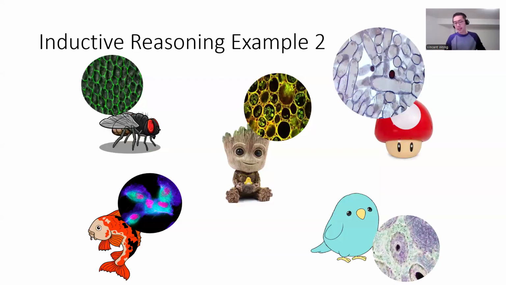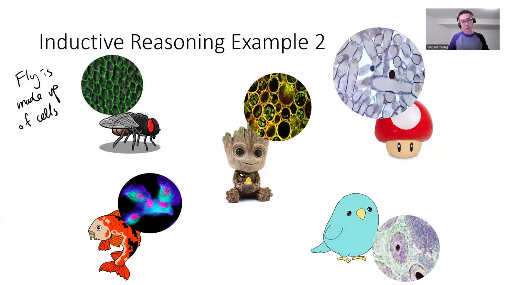One more example here. Let's see. Okay, so these are actual pictures, okay, of the organism. So this is the wings of a fly, and you look at the wings of a fly, you're like, oh, okay. The fly is made up of cells. Okay, this is a tree.